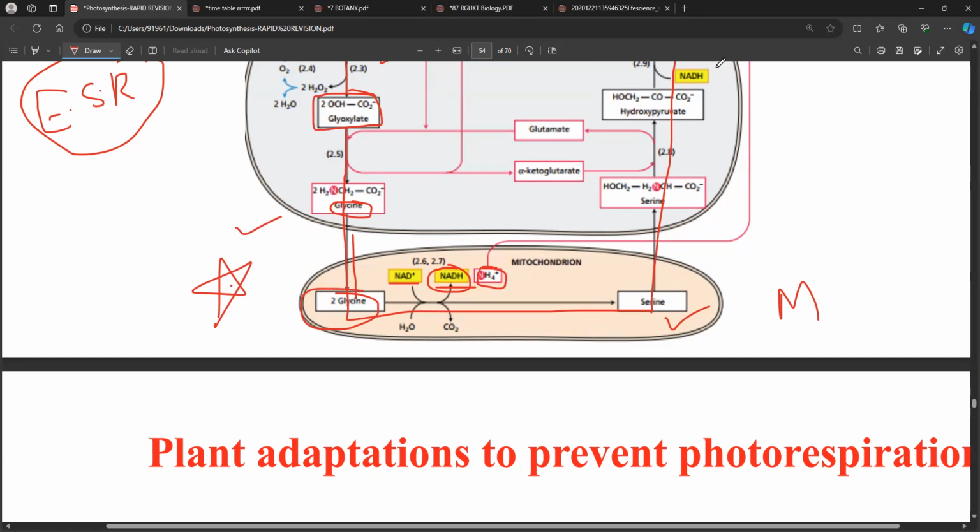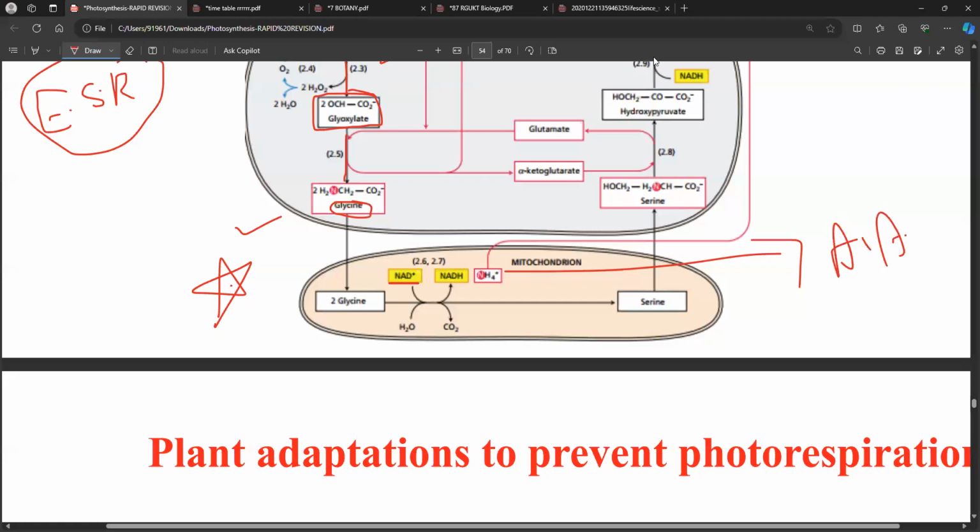Every student tell me, what is the fate of this ammonia? Or where is this ammonia going to enter? I want all the students to answer. Very good. That ammonia is entering into the nitrogen metabolism, where it is getting converted into amino acid.